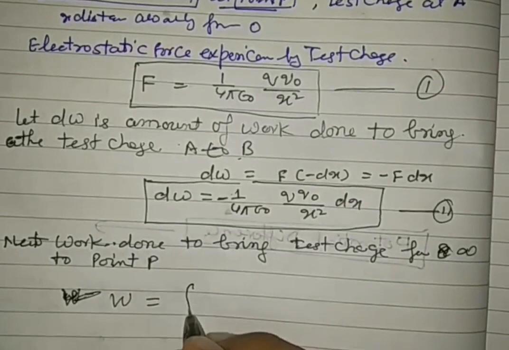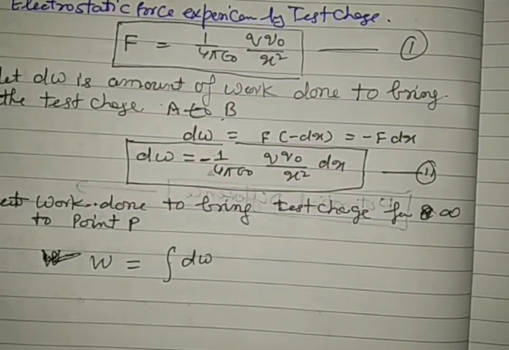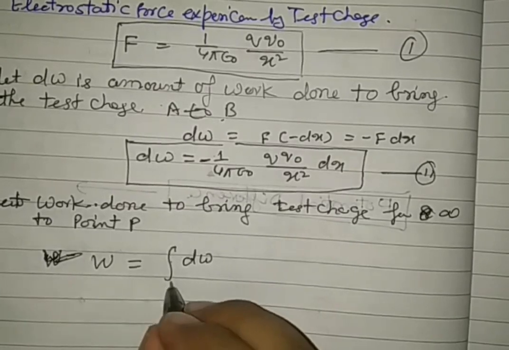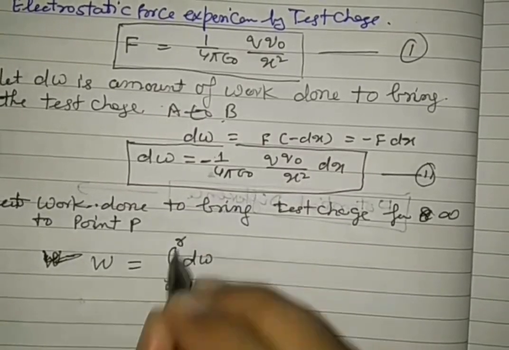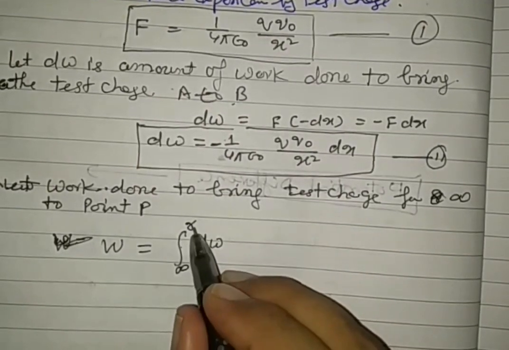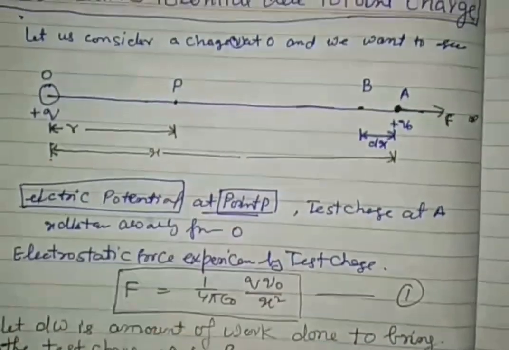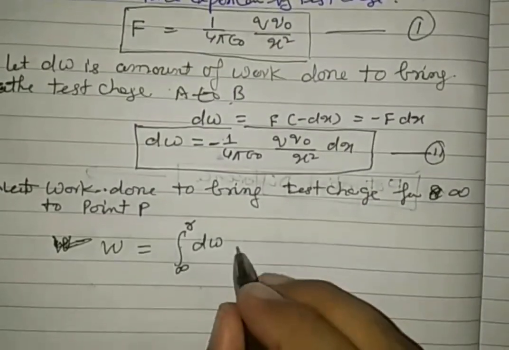Now see, this work done W is equal to the integration of dW, and this is from infinity to point P, where we are going to calculate potential. This is at r distance away from here. So limits are decided.